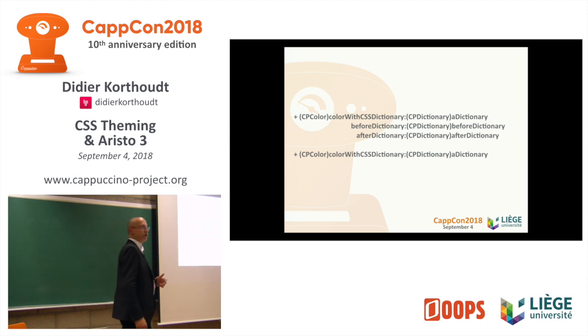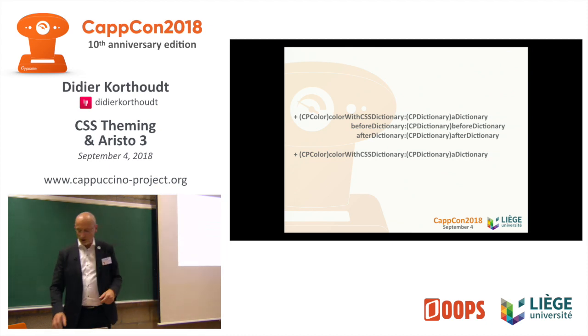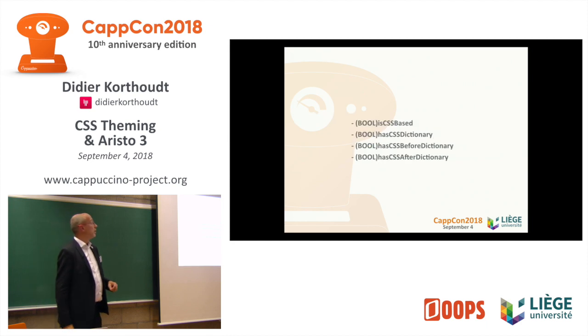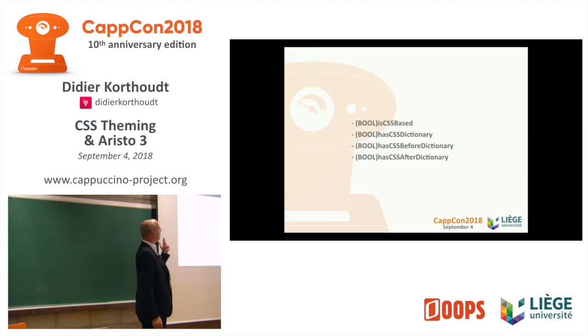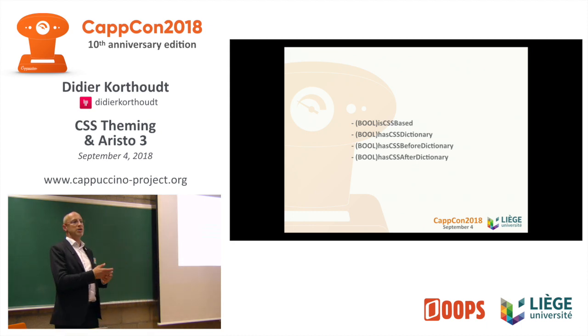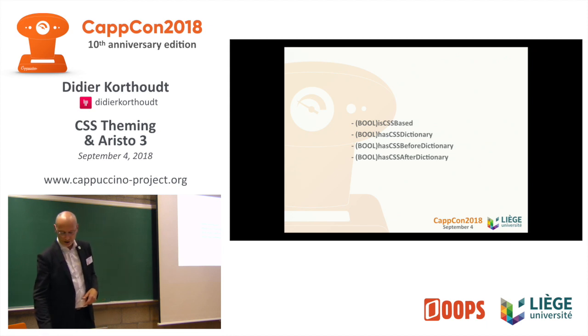If you don't want to use pseudo-elements, you can use the short form, which works exactly the same. We have 4 convenience methods: isCSSBased, so you can test a color or an image to see if it is a CSS-based object. And of course, the search for the CSS dictionary, the CSS before dictionary, and the after dictionary also.